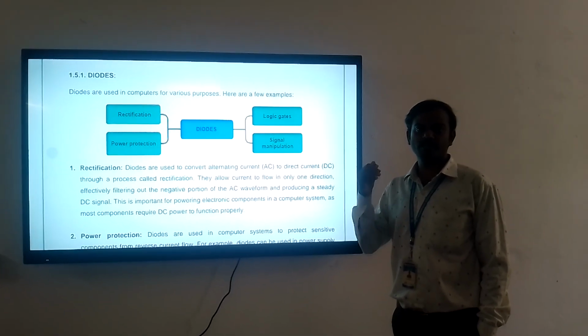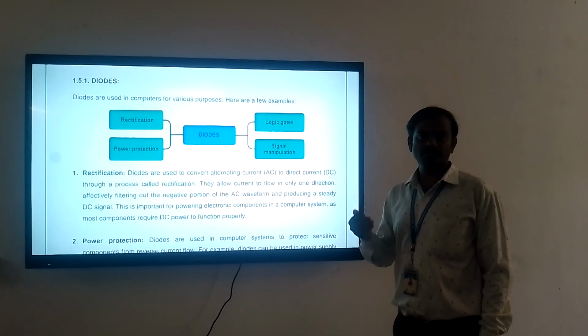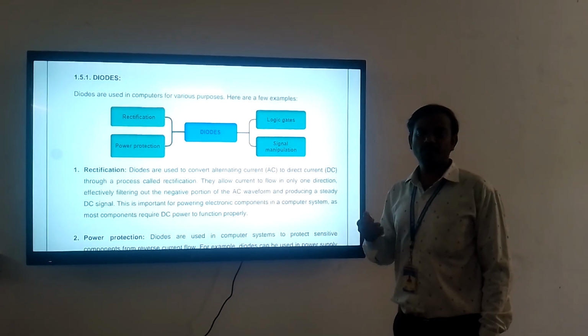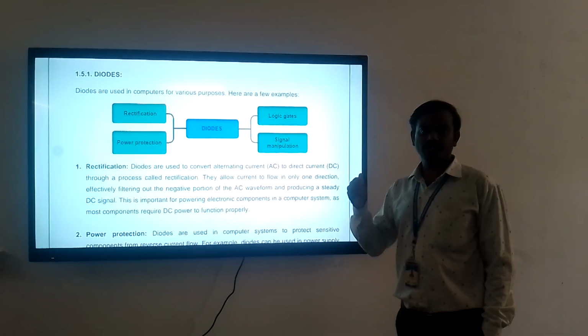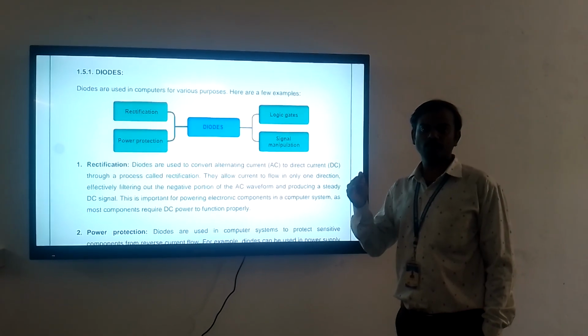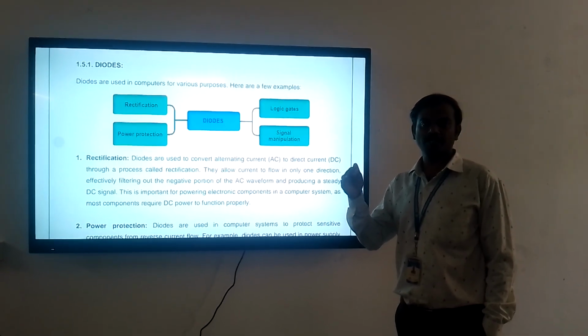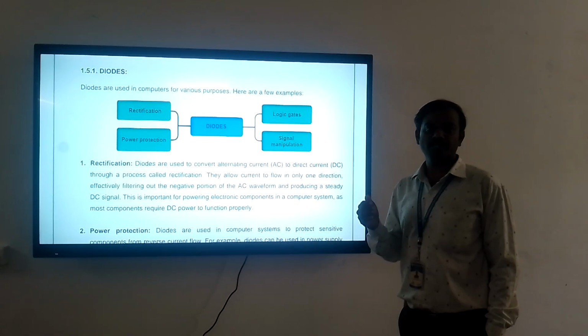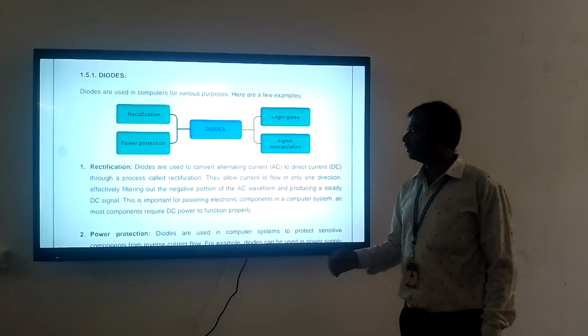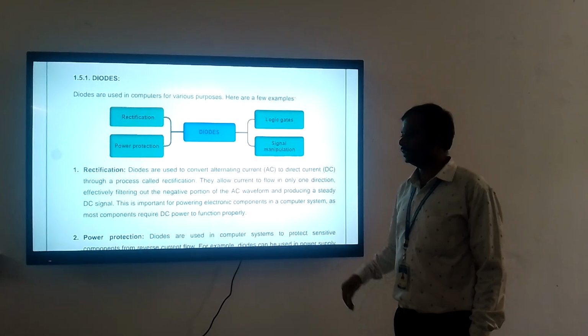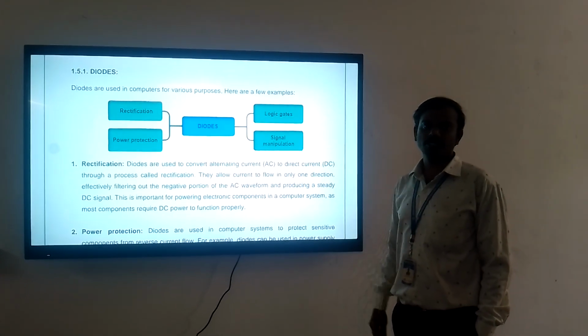Sometimes a higher voltage will come, or sometimes a lower voltage will come. If a lower voltage comes, we need to maintain a minimum voltage for the device to work, and if a higher voltage comes, it should be reduced. For this purpose also, diodes are used in power protection.